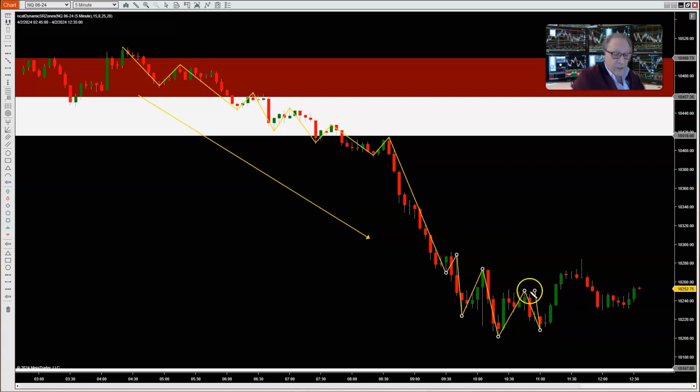And now for the first time, we've broken that last lower high, giving us an indication that the market is very likely going to continue to move upwards, okay? So I would have worked my stop loss all the way down until we broke through there. I'd have been stopped out, taken a trade all the way down, and potentially get ready to get into a long trade for the afternoon.